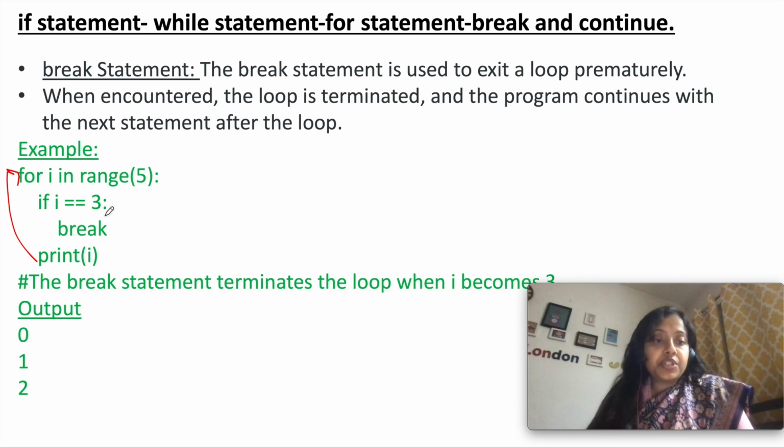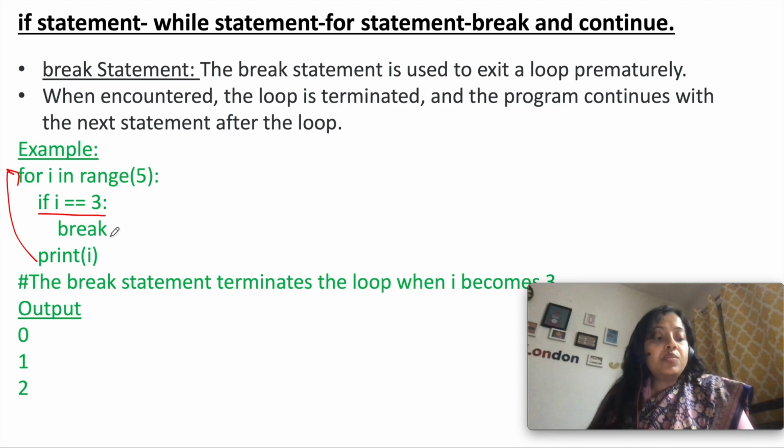Still the if condition is false, so it does not enter the if condition. It just prints I, that is 2. For the next iteration, the value of I becomes 3. Now this condition is true, so it goes to the break and comes out of the loop.